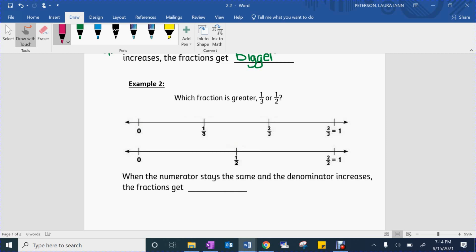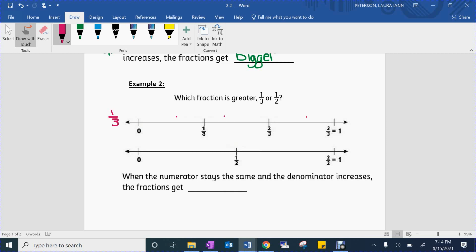This first number line is cut into thirds because the first fraction has a bottom of 3. So this has 3 sections. 1, 2, 3. Off to the side, to the left of your number line, I want you to write the first fraction 1/3.